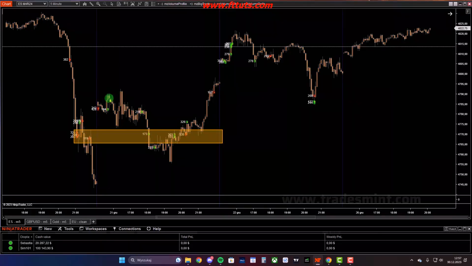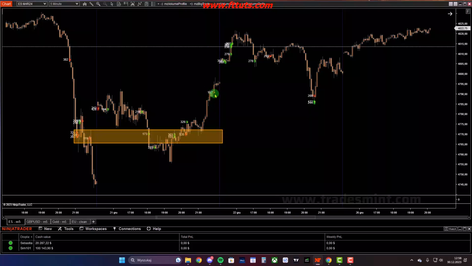Even by the opening of the session there's a really high chance that the trapped sellers want to close their failed positions at break even. So we could expect at the beginning of the day a move down and then watch if the buyers are really so strong to move the price up.